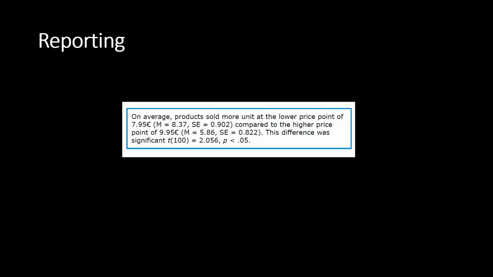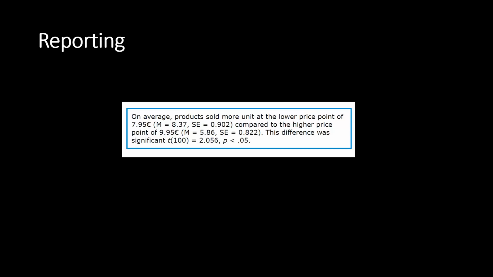Okay, we should now interpret our results and findings in terms of our marketing research problem, and since we said that we can reject the null hypothesis because the p-value is lower than 0.05, we can conclude that there is a significant difference between the number of albums sold for 7.95 euros per unit and 9.95 euros per unit. And we could report the results in the following way, as you can see here.